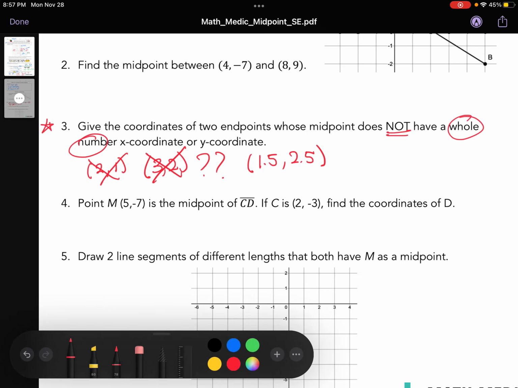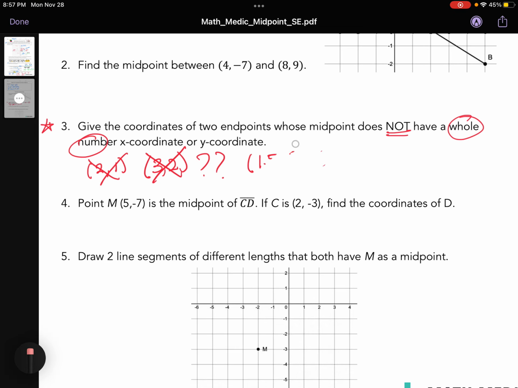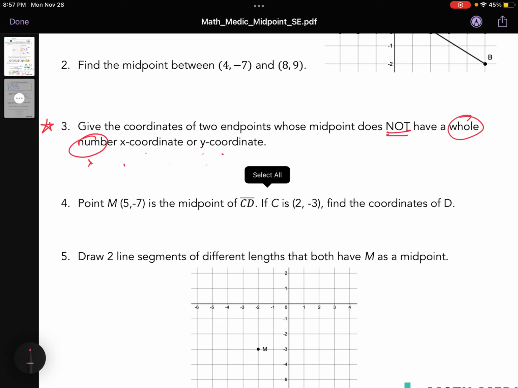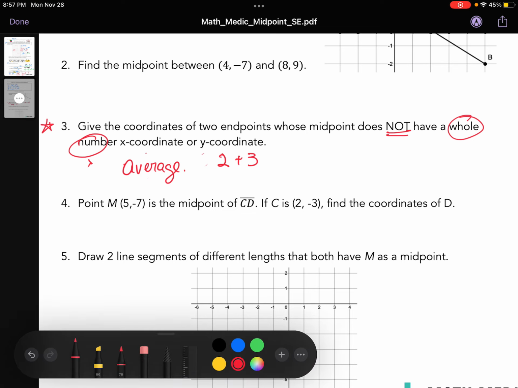I will give you a hint. The hint is, remember, the midpoint gets the average of two values. What is the average of two even numbers? That's not even.